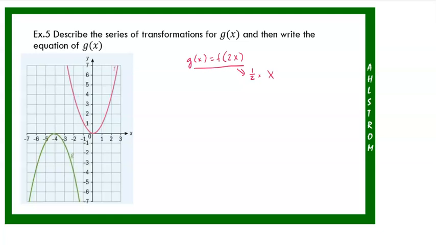but because this is written in universal function form, I told you guys that a horizontal compression can actually be defined as a vertical stretch if you take it outside of the function.